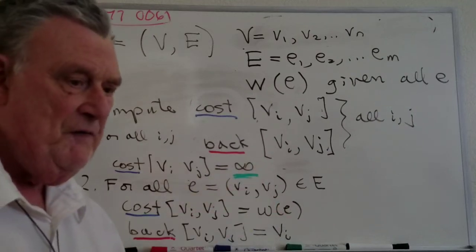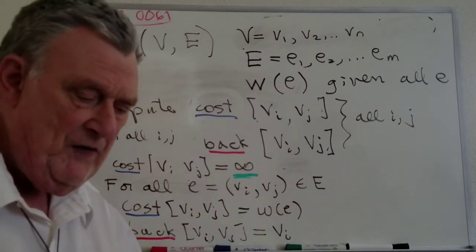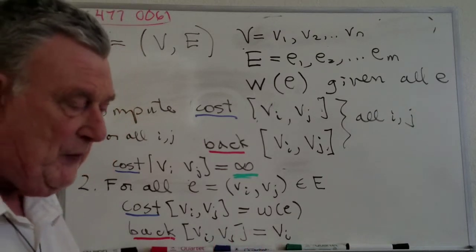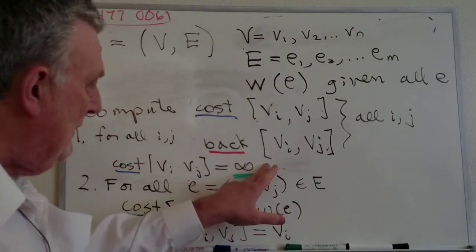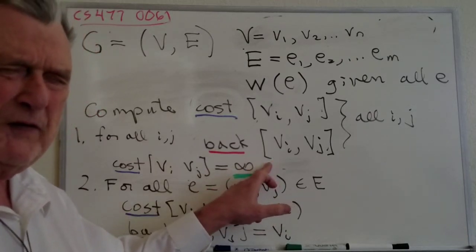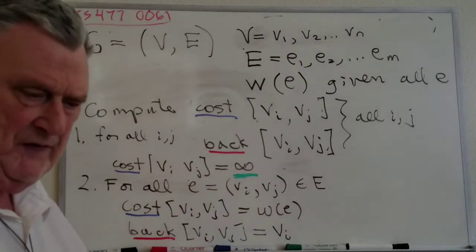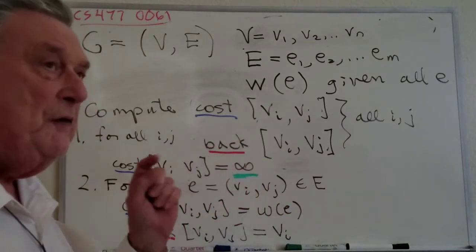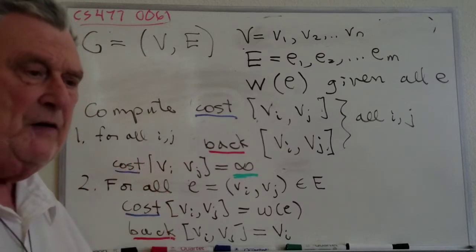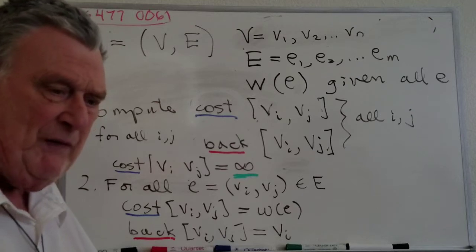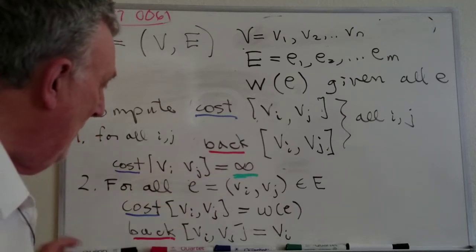Of course, infinity is not a number, and there's no way you could store the word infinity in the computer. So you have to be somewhat clever to figure out some substitution for that, perhaps use an extremely large number, which is considered to be a kludge. An alternative is to have a Boolean value which tells you that you have an actual real number, and that Boolean would be false if it's infinity.